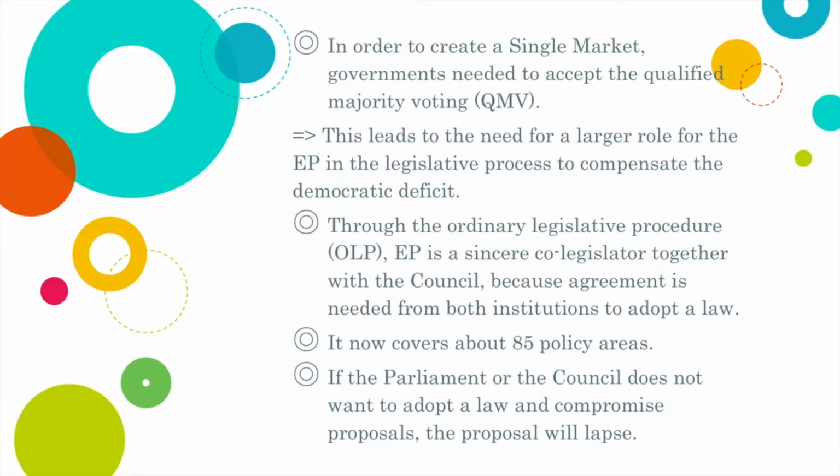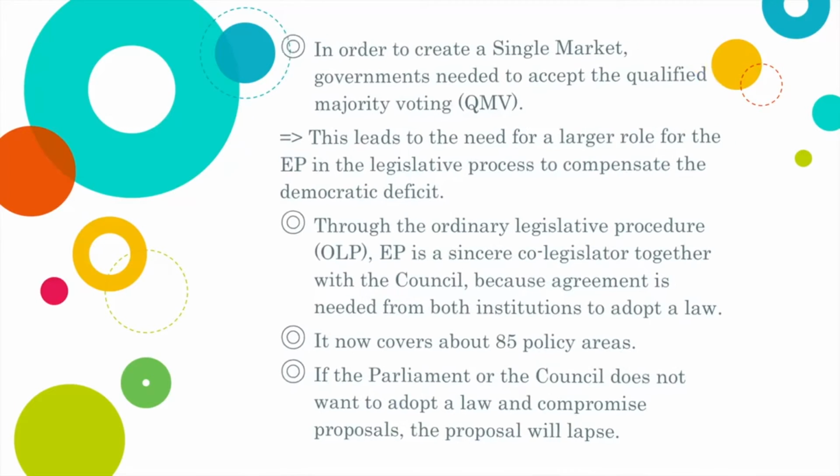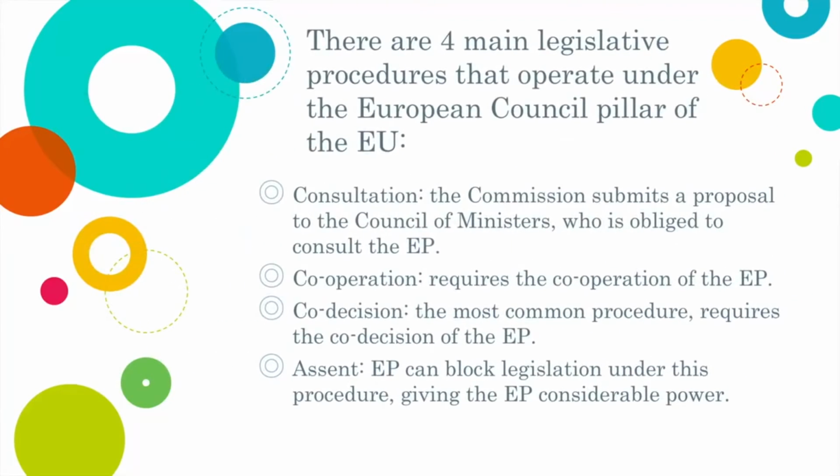So, there are four main legislative procedures that operate under the European Council pillar of the European Union. Consultation: the Commission submits a proposal to the Council of Ministers, who is obliged to consult the European Parliament.